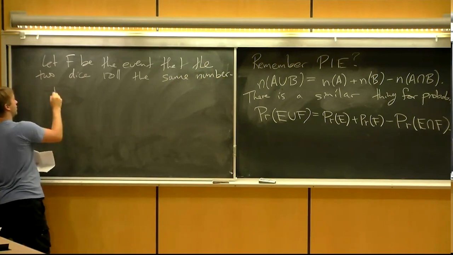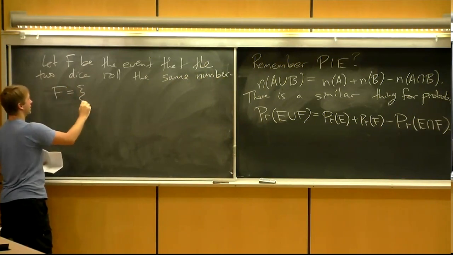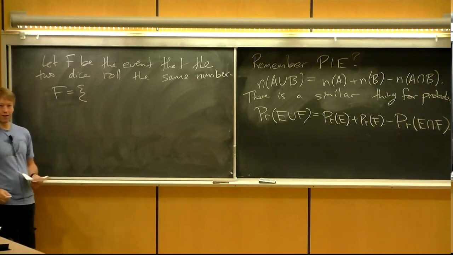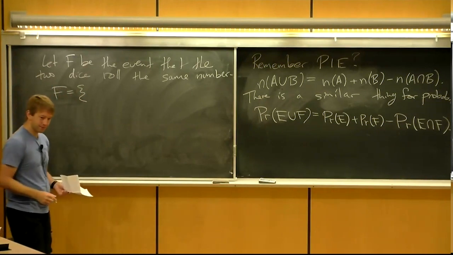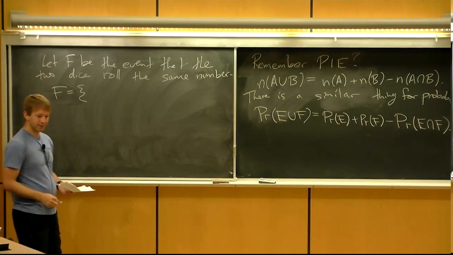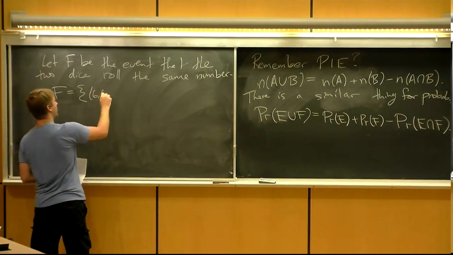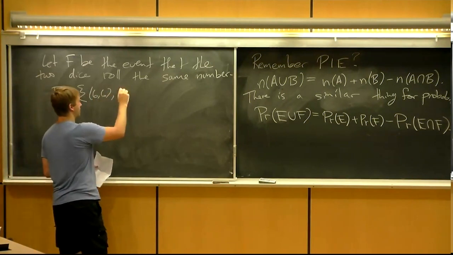Well, first of all, what if I was to list the elements of F? What are the elements? Yep. So it's all the ways of having two of the same. It doesn't matter which order I put these in, right?